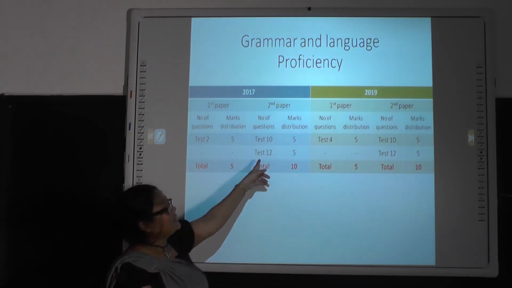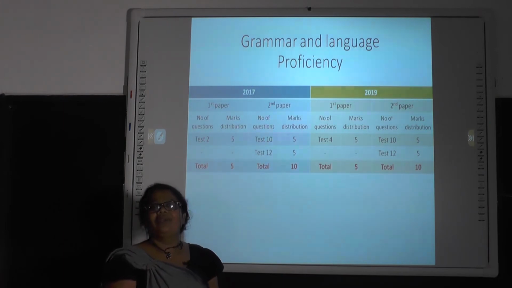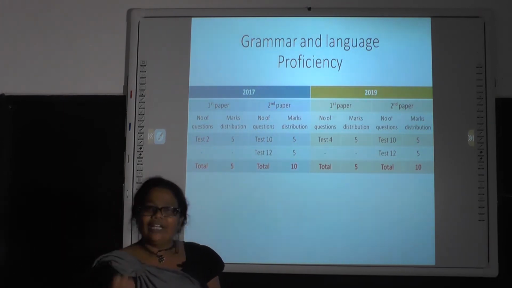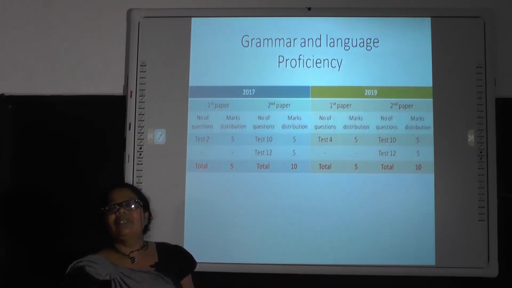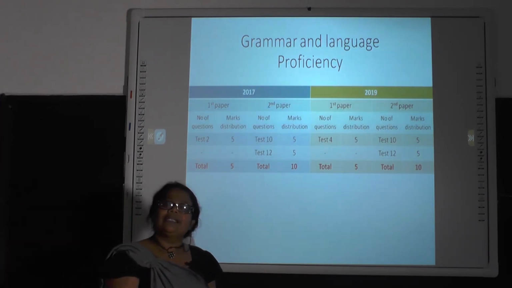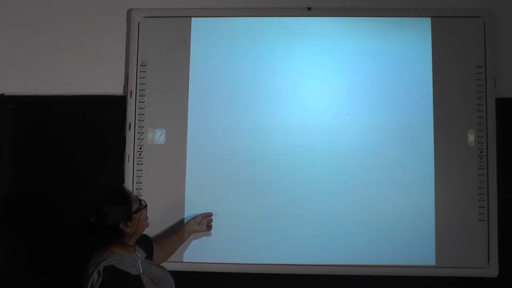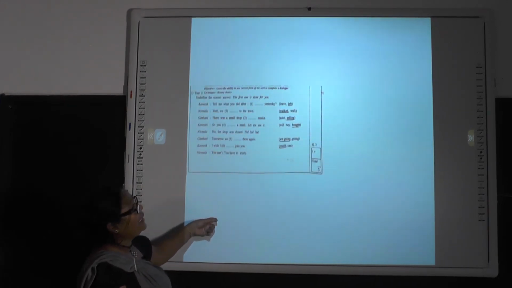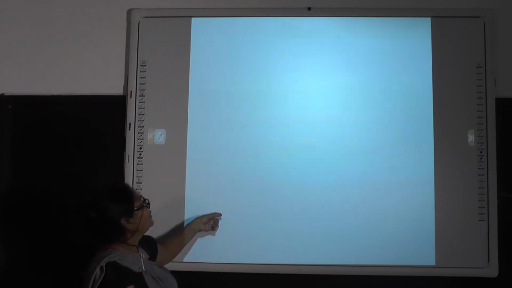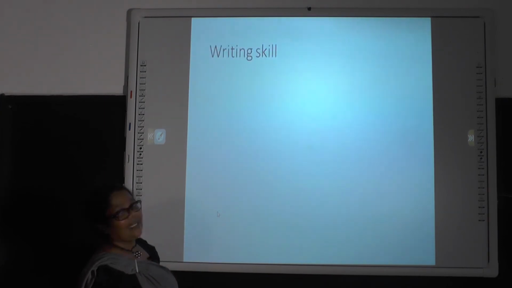And even for the test 12 also, you have to have a good knowledge on word classes and especially verbs, present tense, past tense, perfect, just like that, right? And they are the examples, right? I want to prove that, right?